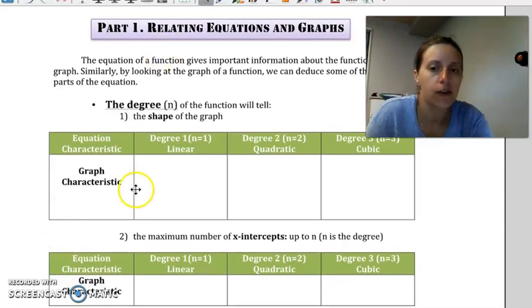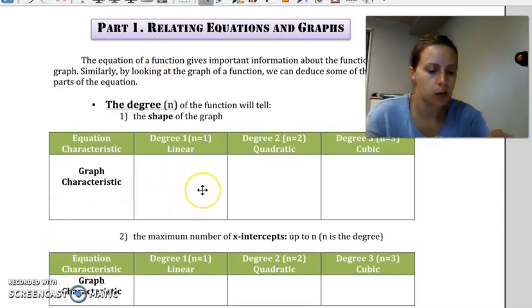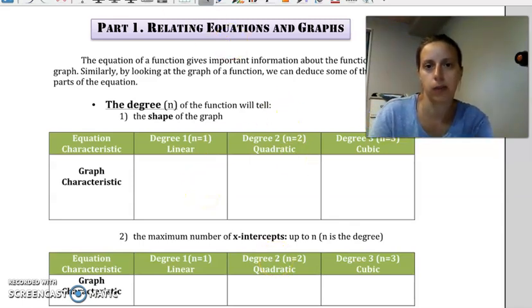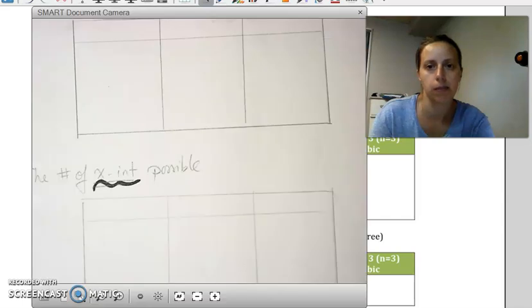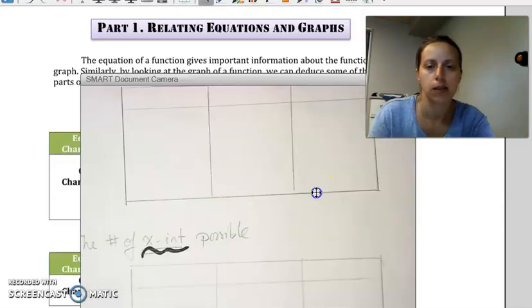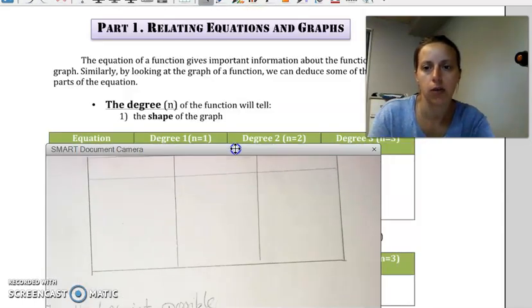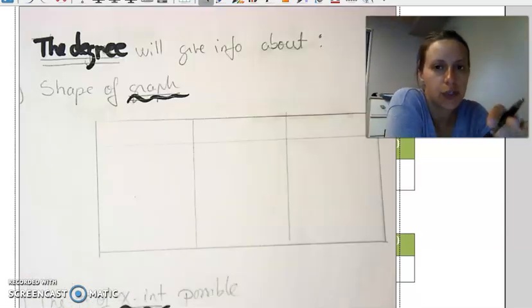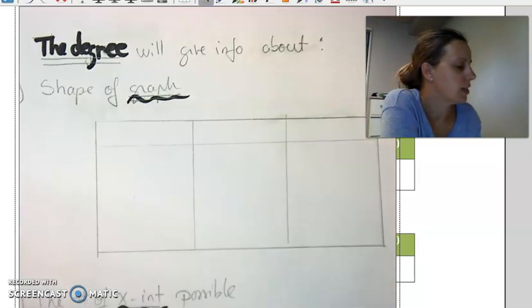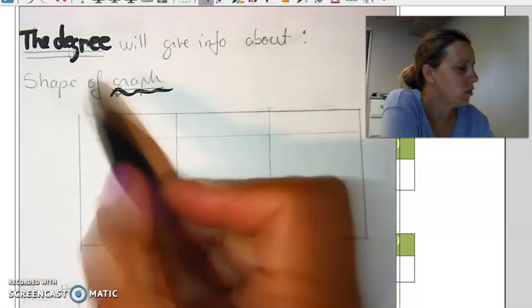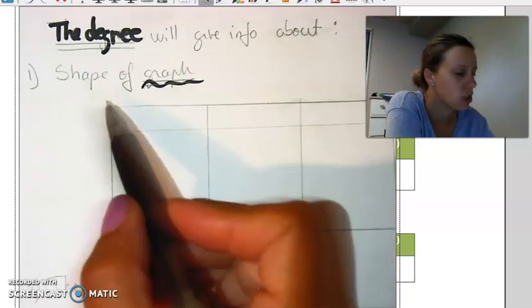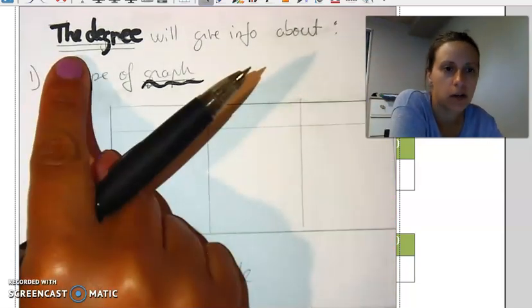So first, we're going to take degree 1, and I've made a little bit of a copy of this page on a piece of blank paper. I'm just going to make it a little bit nicer looking here for you. Okay, so we're starting with the first table there. The degree will give you information about the shape of the graph. That is the first piece of information you can take from the degree of the function.